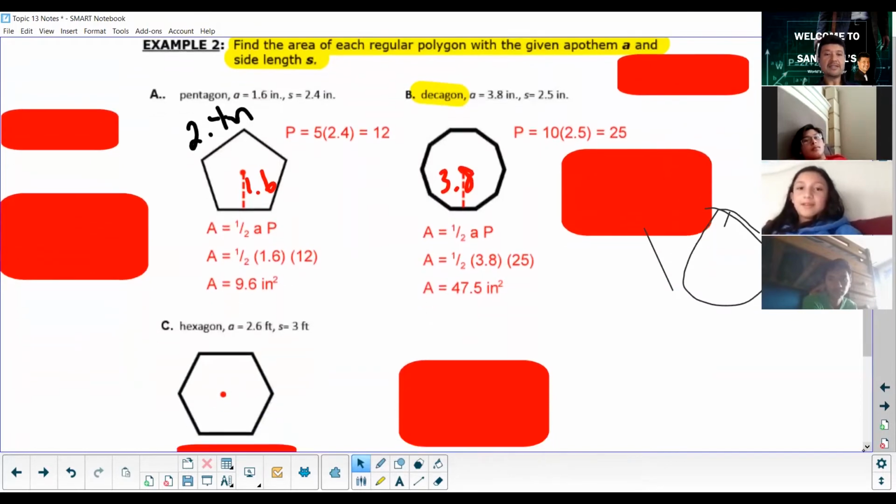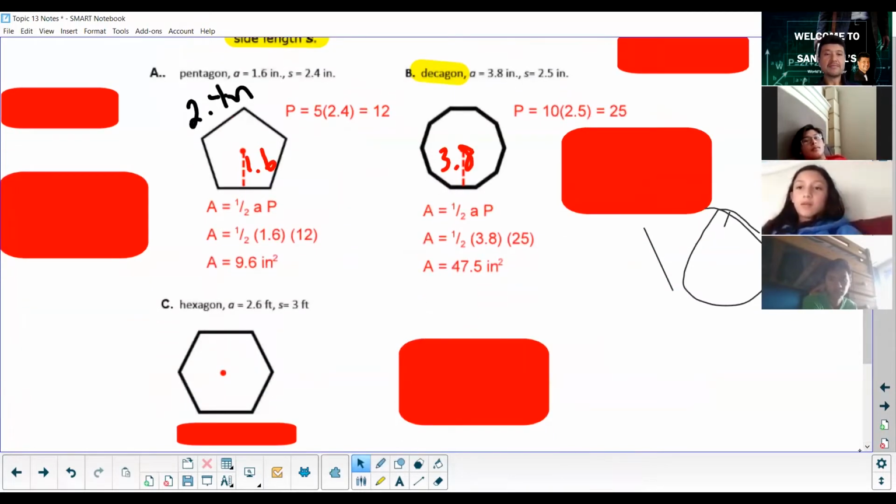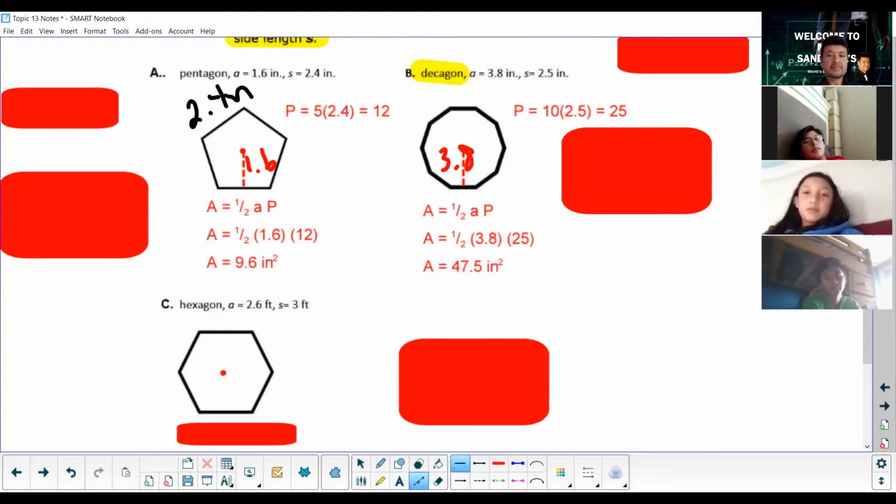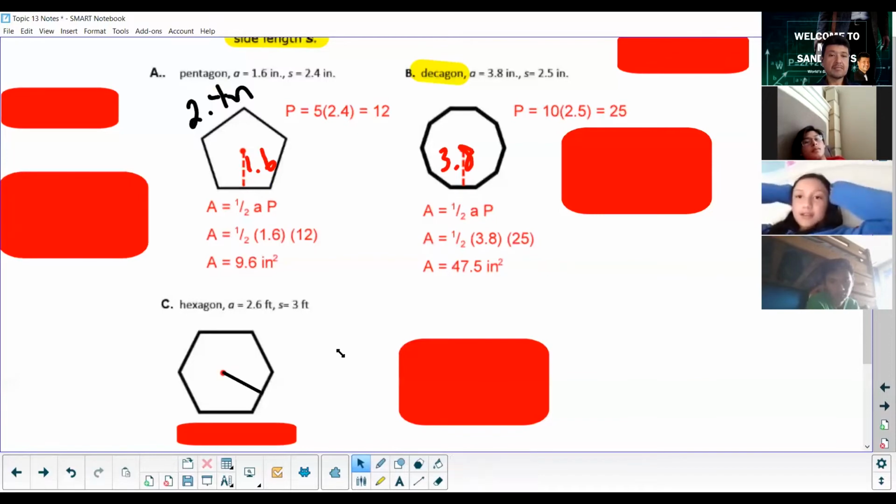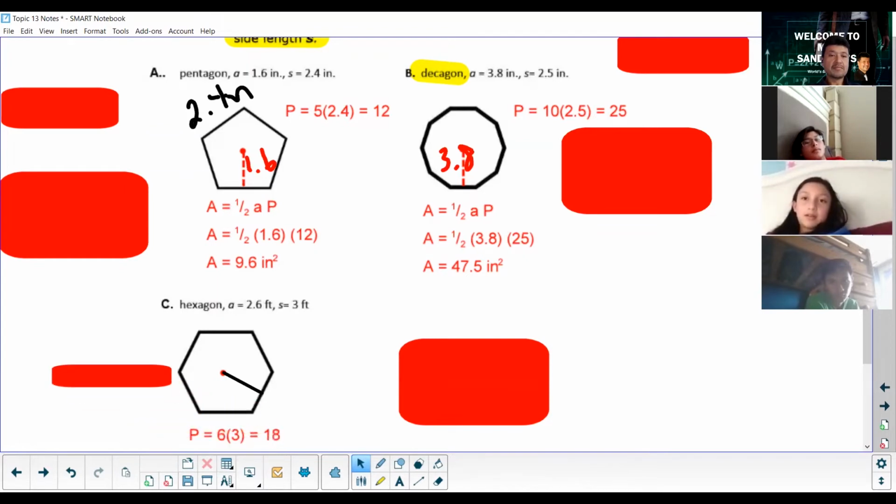All right, Celeste, go ahead and do C. How do we do C? Okay. So there's 3 feet on every side, and this is a hexagon, so it's 6 sides. Excellent. So what do I do? Now you multiply that. Yeah, 6 times 3, right? And that's going to give us our P in the equation, right?